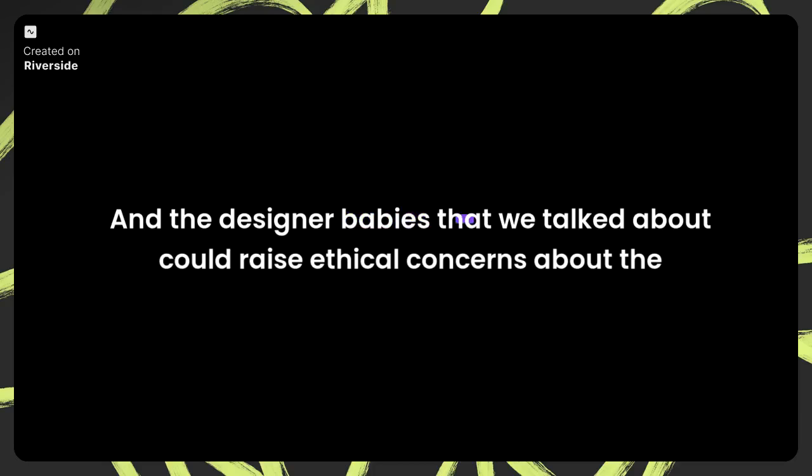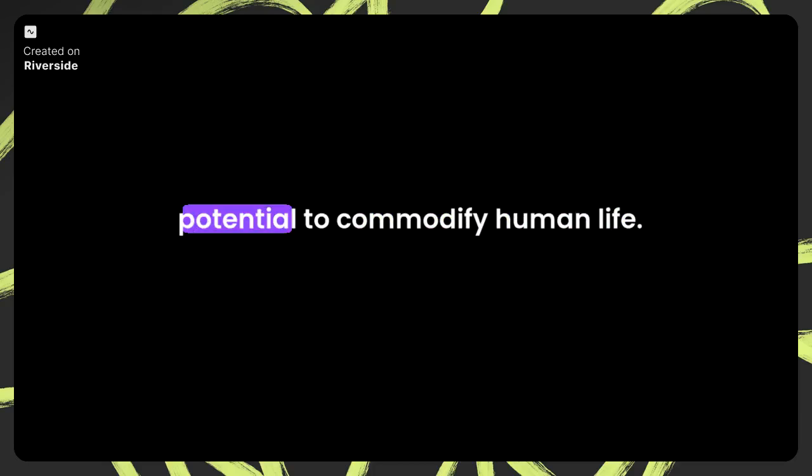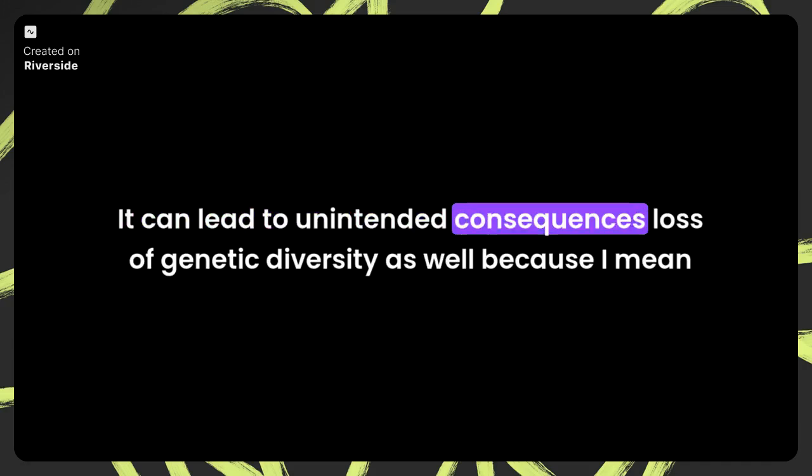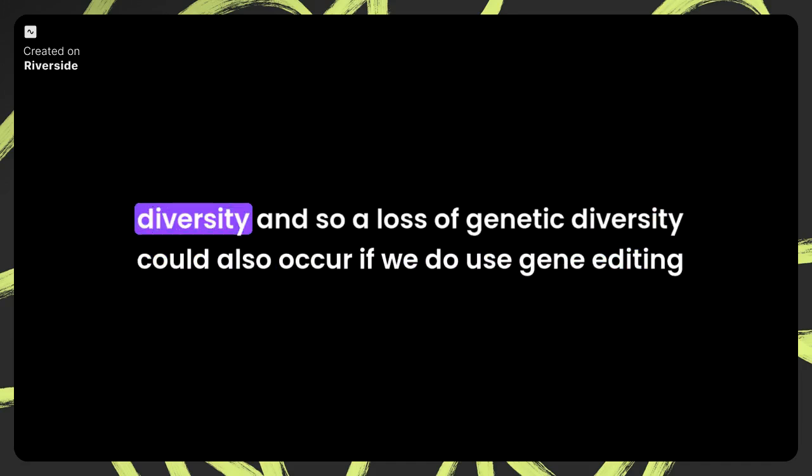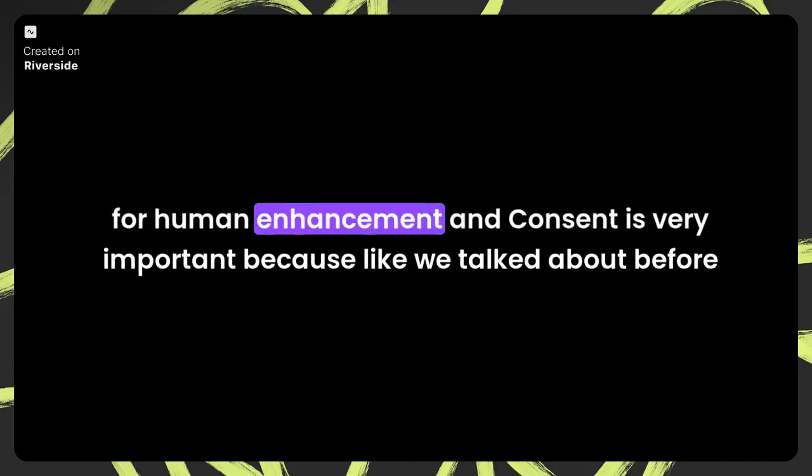The designer babies that we talked about could raise ethical concerns about the potential to commodify human life. It could lead to unintended consequences, a loss of genetic diversity as well. Because, like the drastic example before, Nazi Germany, that also led to a loss of cultural diversity.